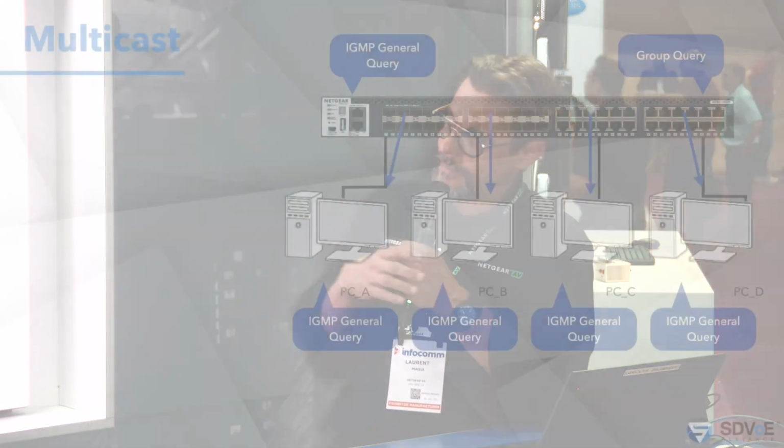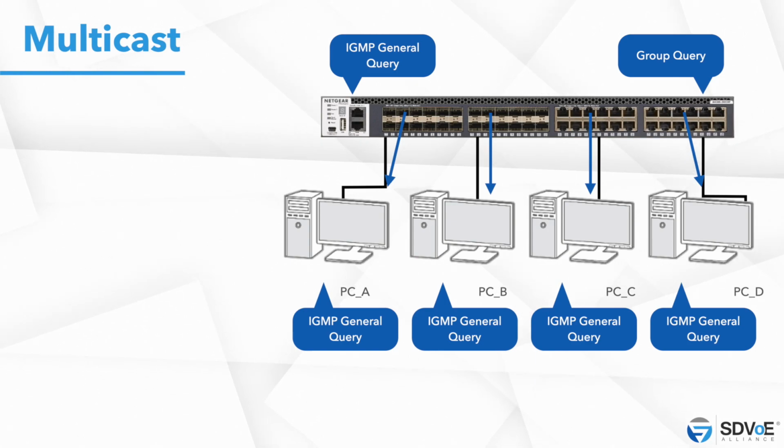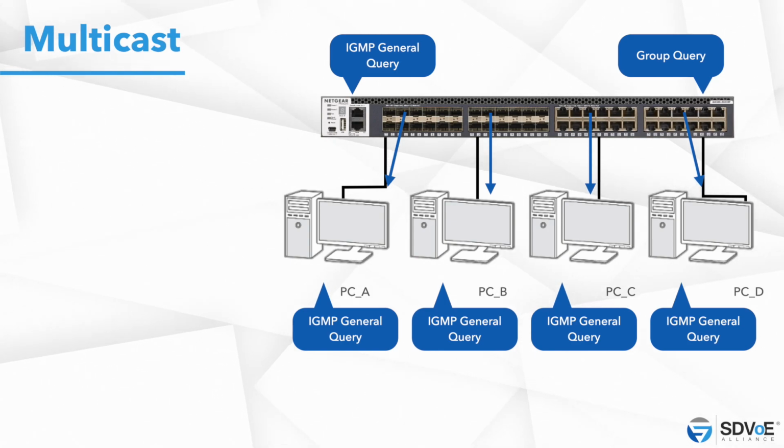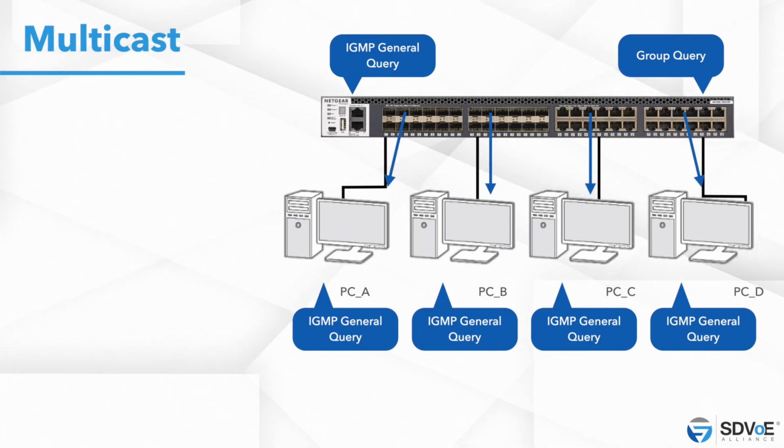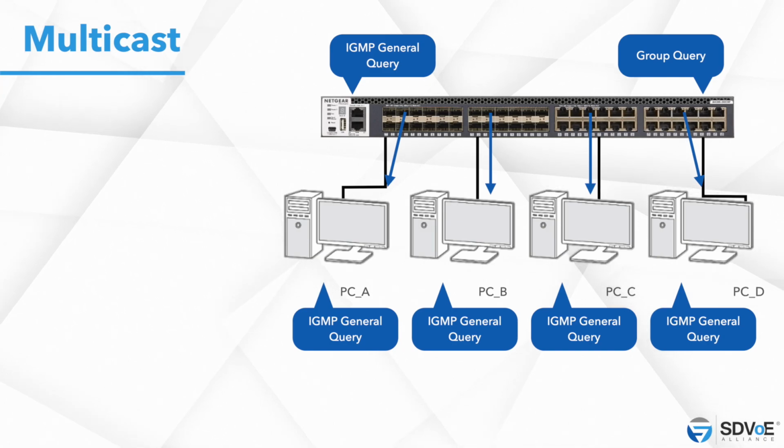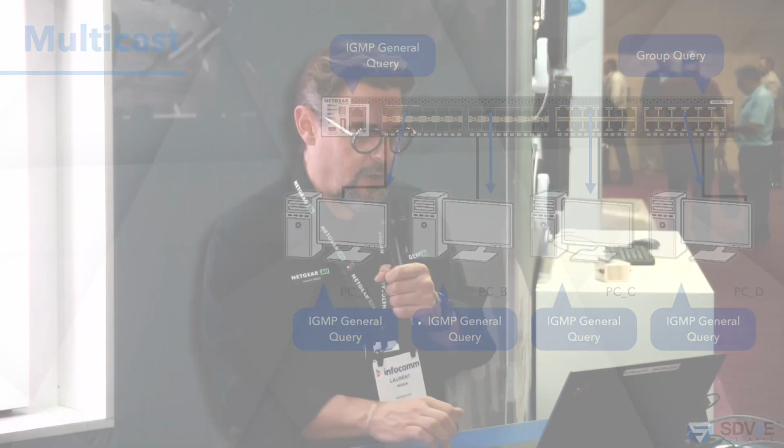Okay, so in my example, I have a network, and I know that everything is configured right. So we have the IGMP querier, we have the IGMP snooping configured, and I have 4 clients, PC A, B, C, and D. And so far, the network has multicast, but those clients, they don't need any.